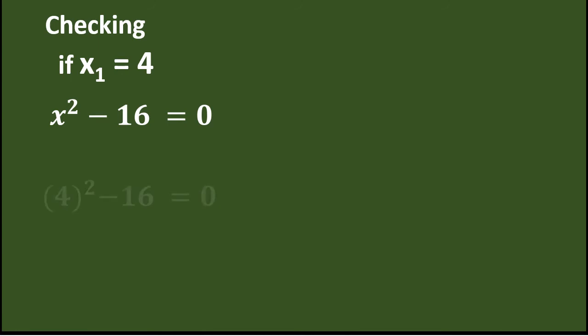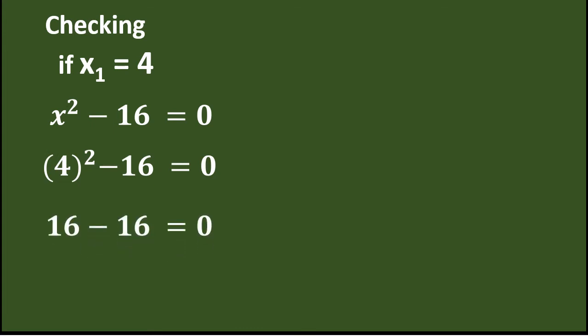So we have 4 squared minus 16 equals 0. 4 squared is 16. So 16 minus 16 is 0. They are equal. So this one will become 0 equals 0. If they are equal, we can accept positive 4. What about negative 4?